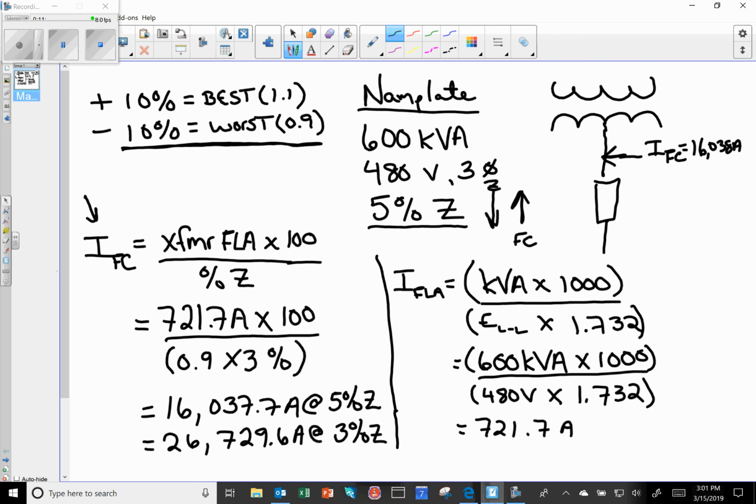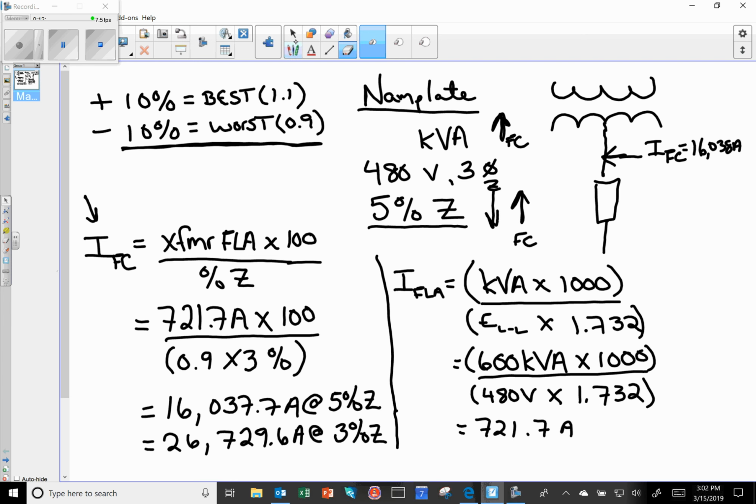Also keep in mind that with regard to your kilovolt amps, if your kilovolt amps increase, that's also going to increase your available fault current as well. So if we keep this at 3%, if we change this problem, let's say we want to go from 600 to 800.